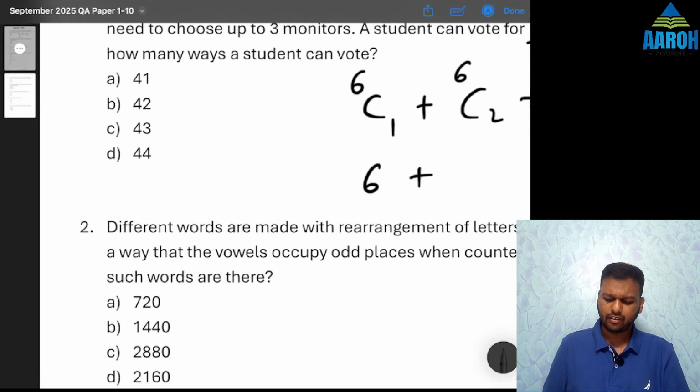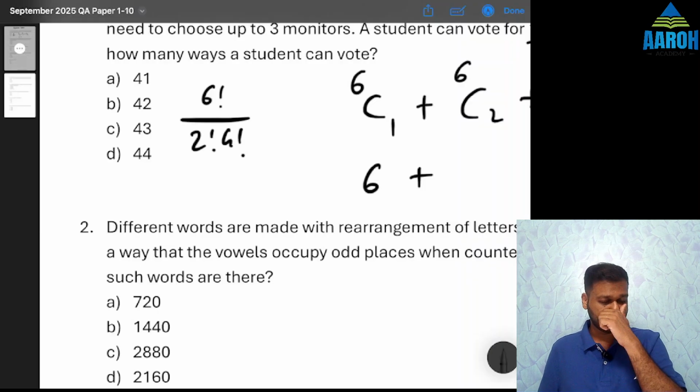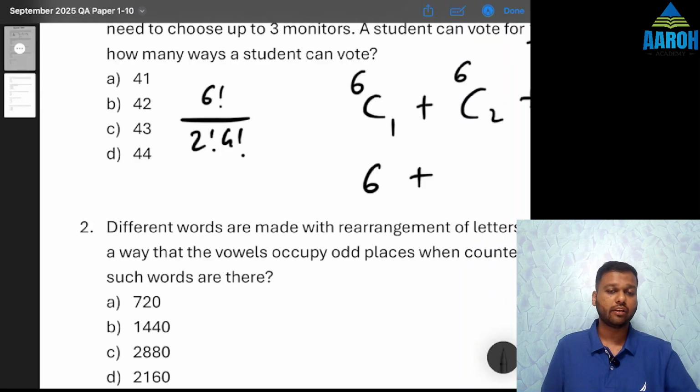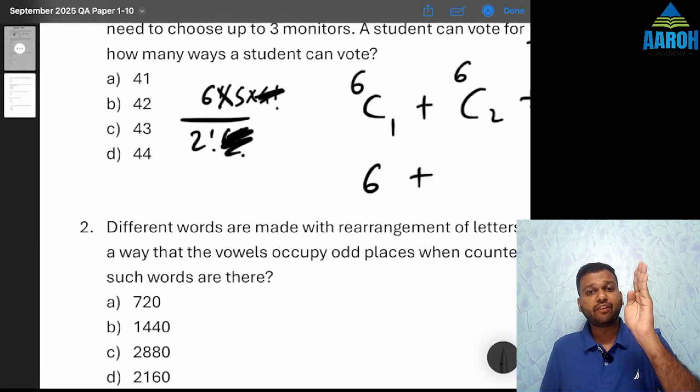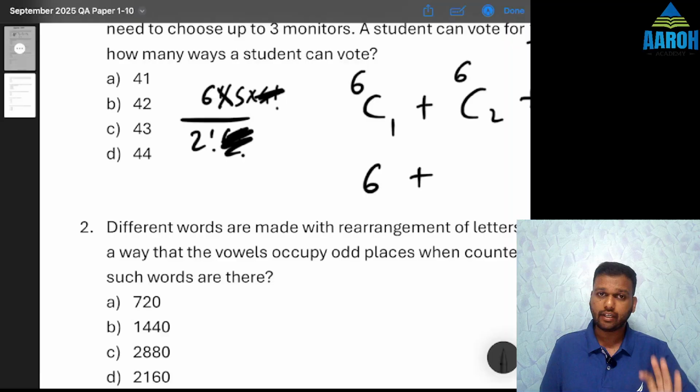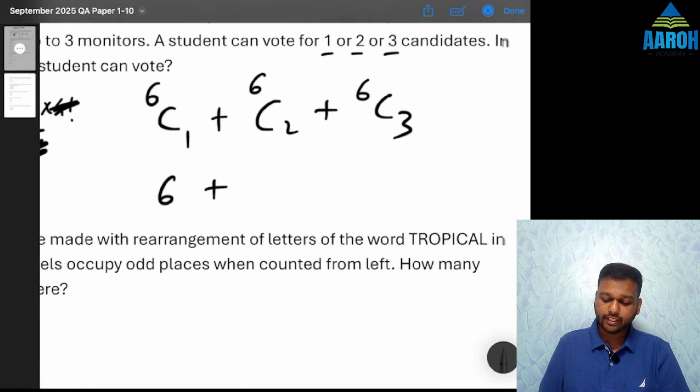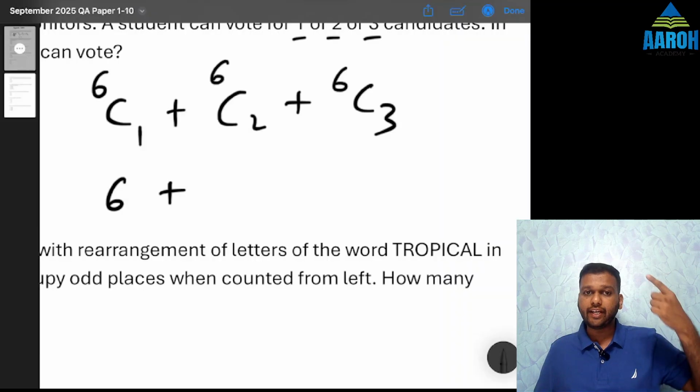If you have 6C2, you know that it is 6 factorial upon 2 factorial into 4 factorial, that is 6 factorial upon 2 factorial into 6 minus 2 factorial. So it is going to be 6 into 5 into 4 factorial, where 4 factorial will get cancelled and you will only be left with 6 into 5 by 2 factorial. So when you see 6C2, do not write it, do it in your mind.